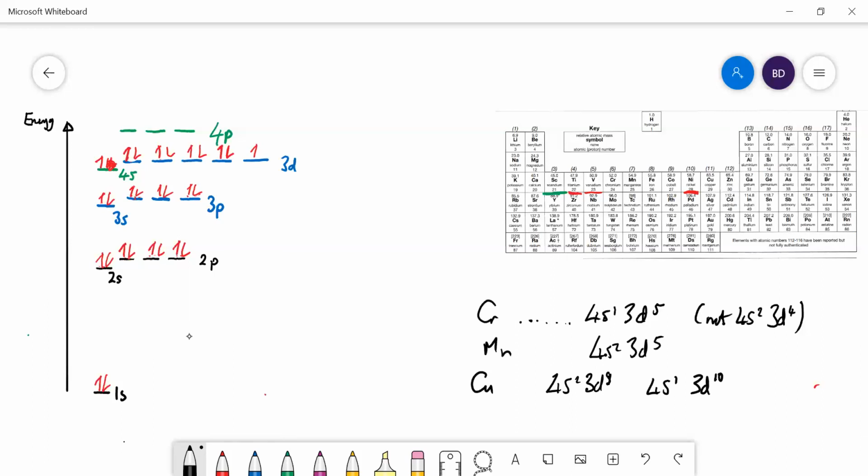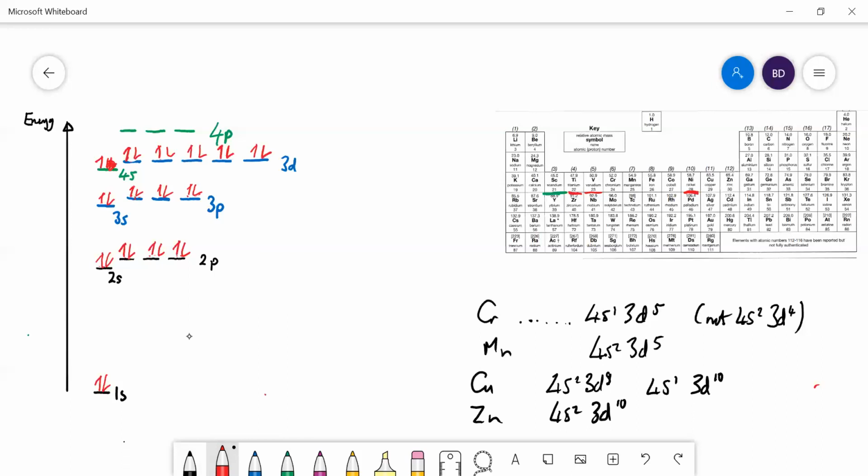It's got a fully filled d shell. And then finally, zinc is the last element. So zinc is going to be 4s2 3d10. So there's zinc.